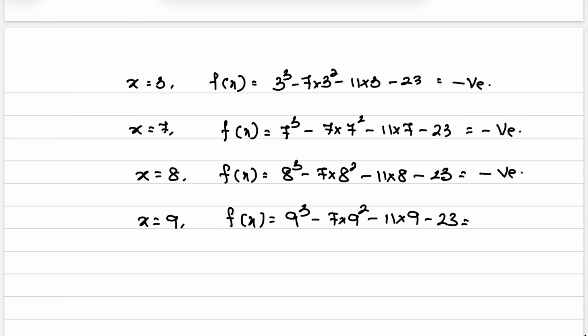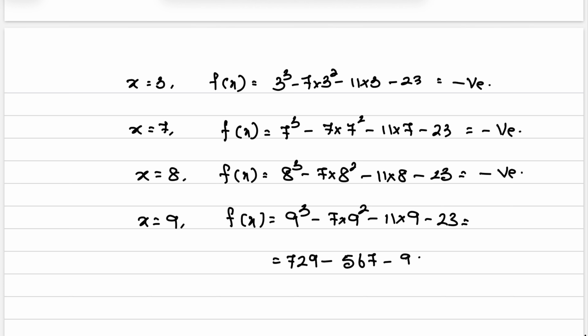Let us try to find out what its value is. 9 cube is how much? Just calculate. 9 cube is 729, minus 7 into 81. 9 square is 81, and 81 into 7 is 567.